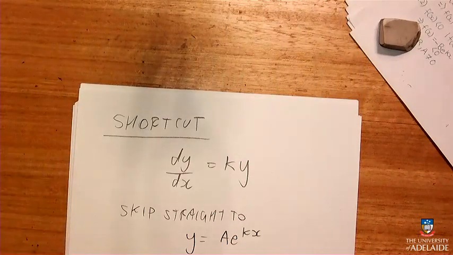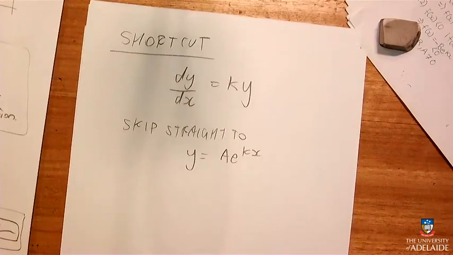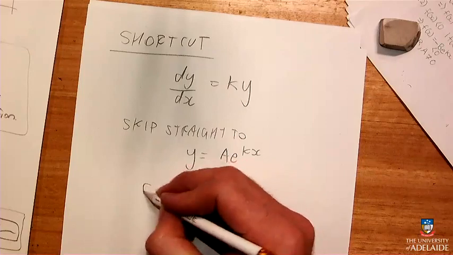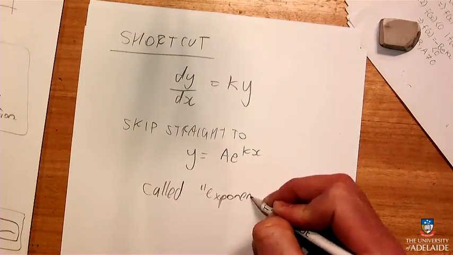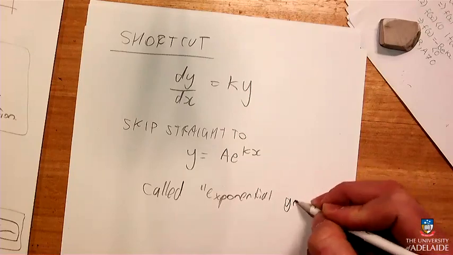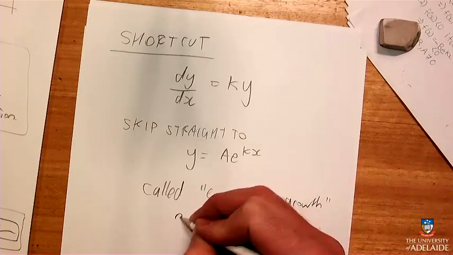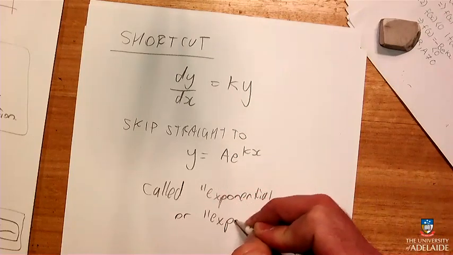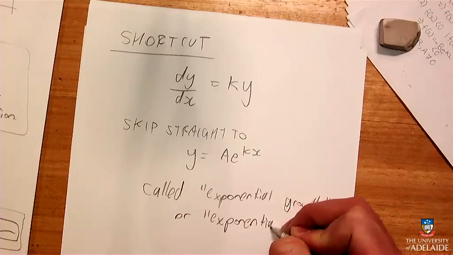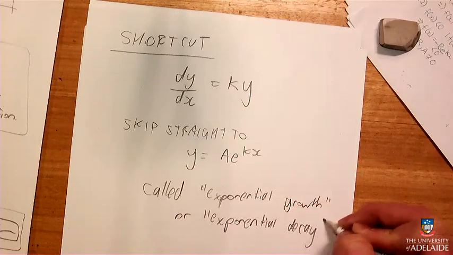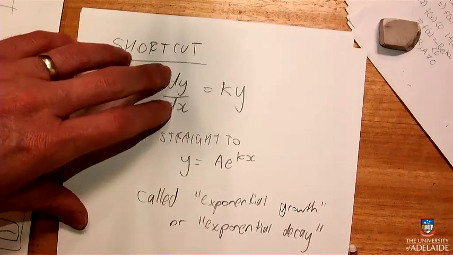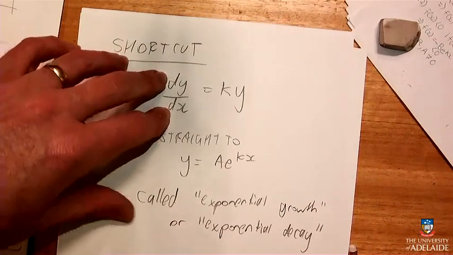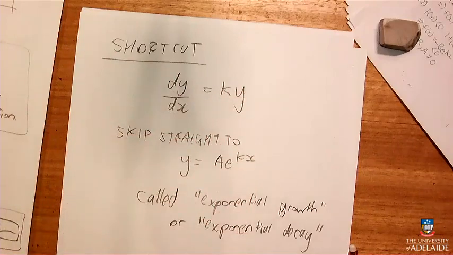And mostly this is in situations called exponential growth or exponential decay. And the idea that's going on is that the derivative, dy on dx, is some multiple of what the current value is.